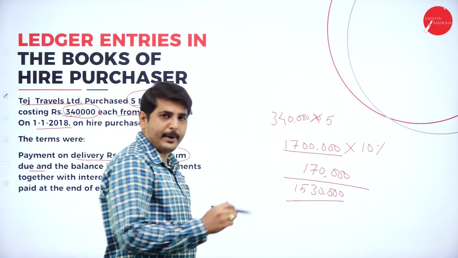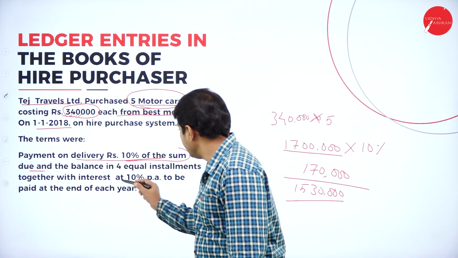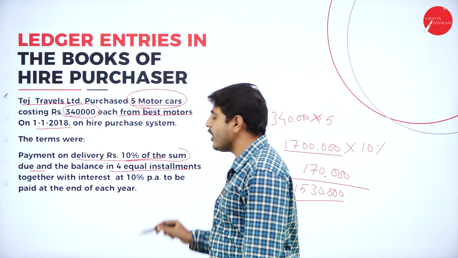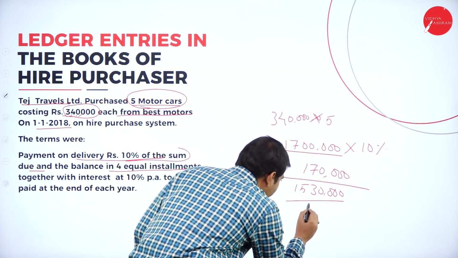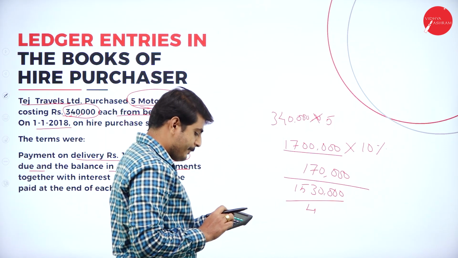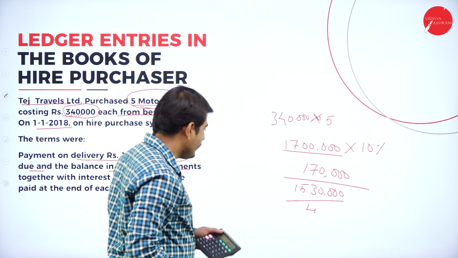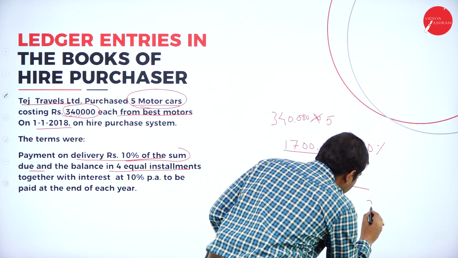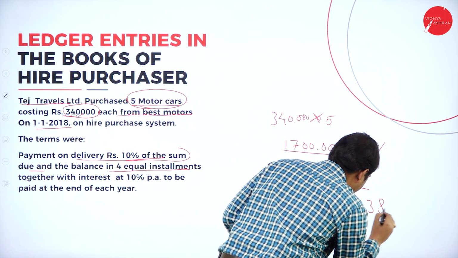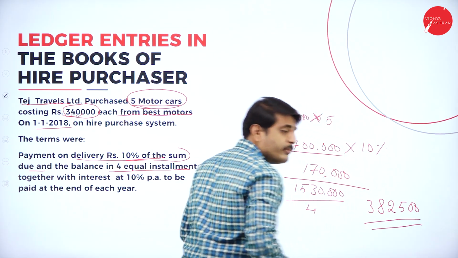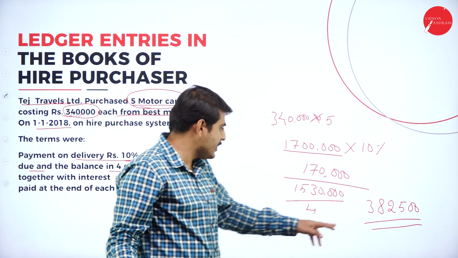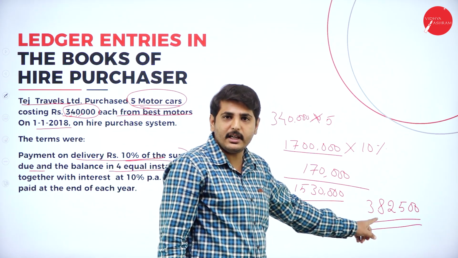This amount should be paid in how many installments? In 4 equal installments together with interest. So it is divided by 4. So we have to pay 3,82,500 in 4 installments. This is the principal amount, not the installment amount.